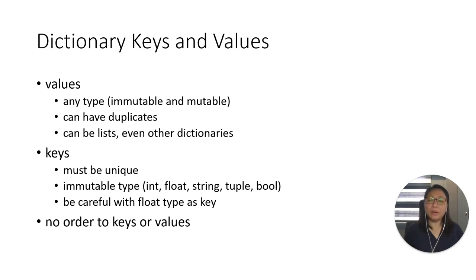And there is no specific order to the key value pairs. If we just recently added a key value pair, it doesn't mean that it's at the end of the dictionary or at the beginning of the dictionary.